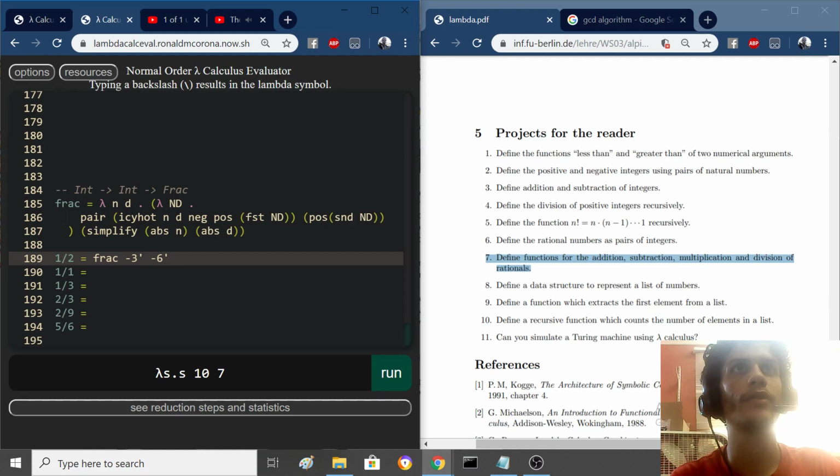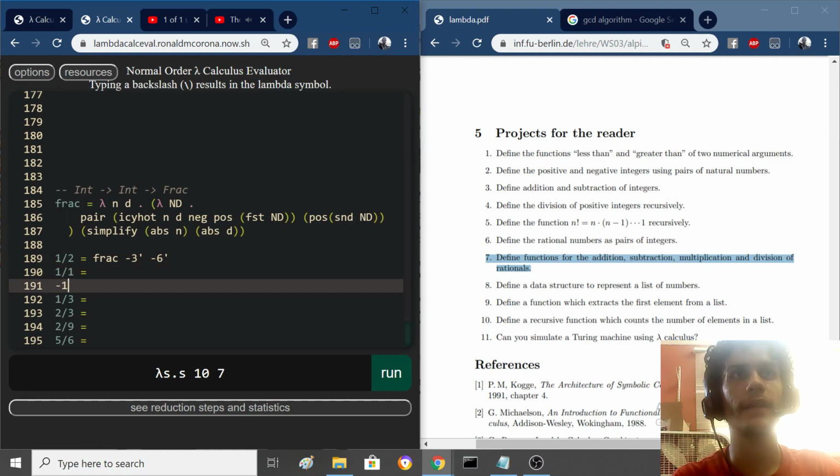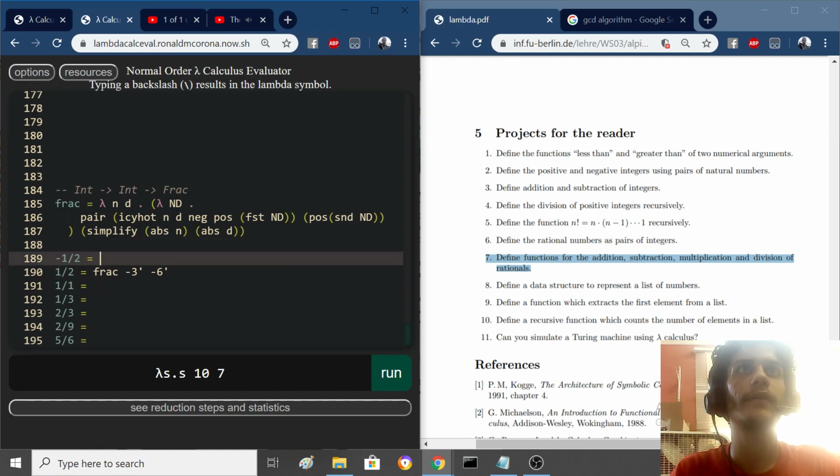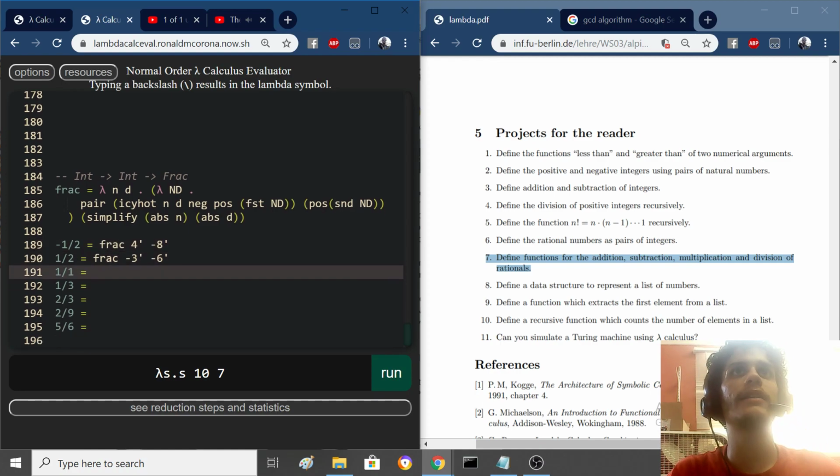And maybe I want to do some negative fraction as well, right? -1/2 equals, I'll put it over here, -1/2 equals a fraction which is 4 over -8.